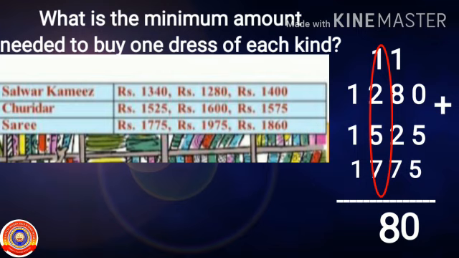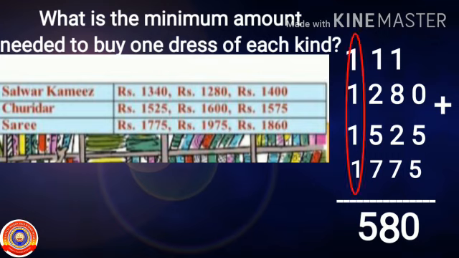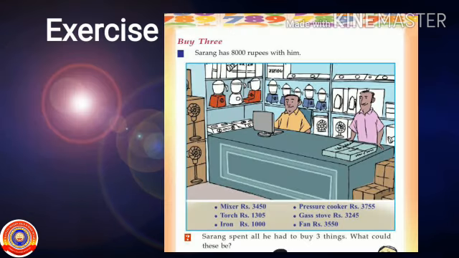Plus 1, 15. For 15, 5 here, 1 is to be carried in the thousands place. 1 plus 1, 2. Plus 1, 3. Plus 1, 4. 4,580. So, the minimum amount needed to buy one dress of each kind is 4,580 rupees.